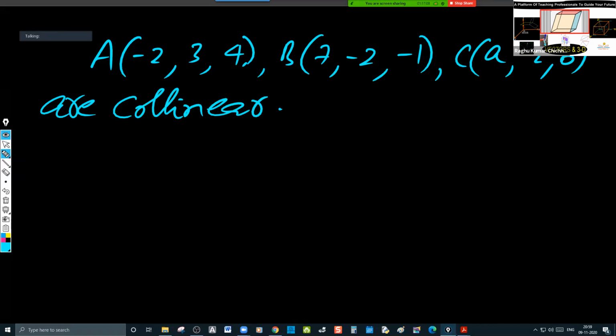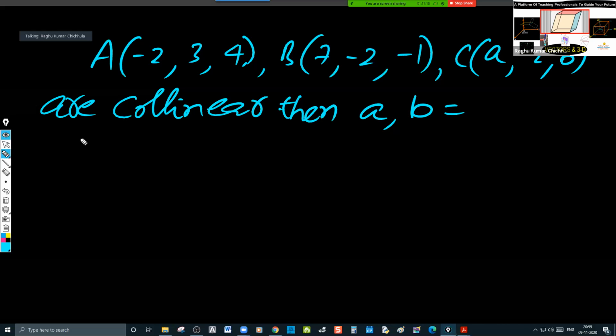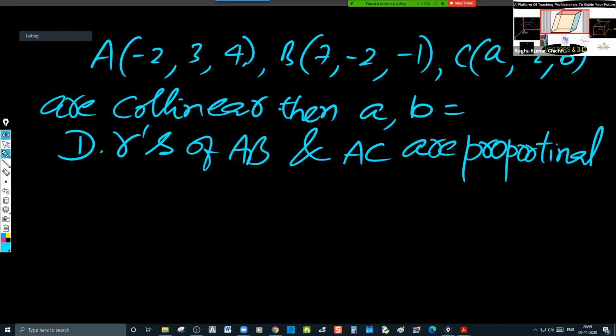Then A comma B, follow this carefully, please. You have a good number of previous questions on this concept. What did I say? DRs of AB and AC are proportional, which implies, come on, tell me now, x2 minus x1, 7 plus 2.